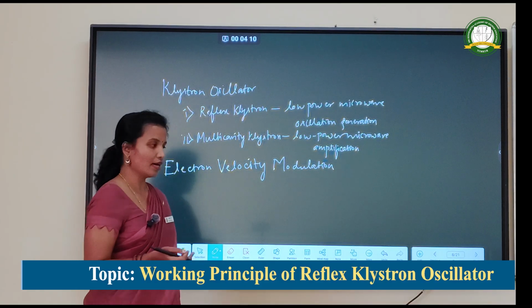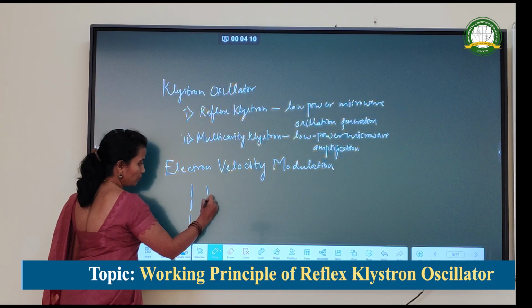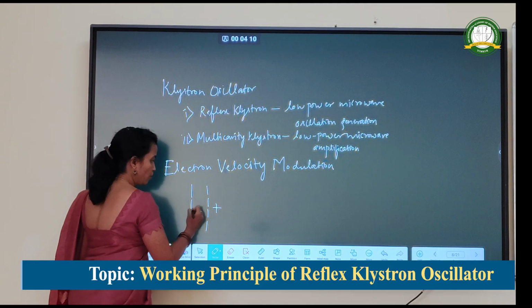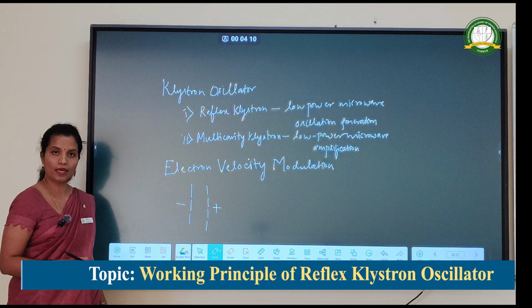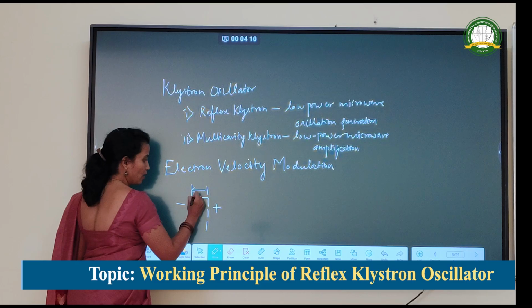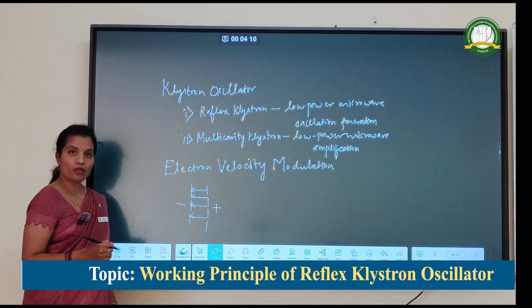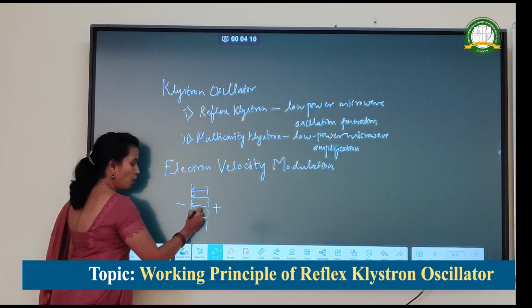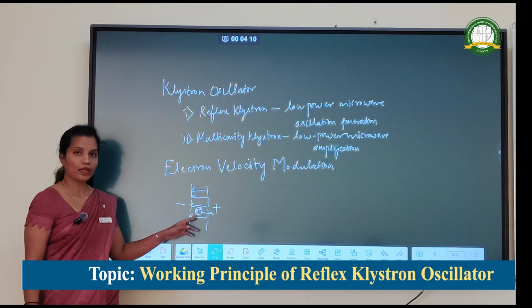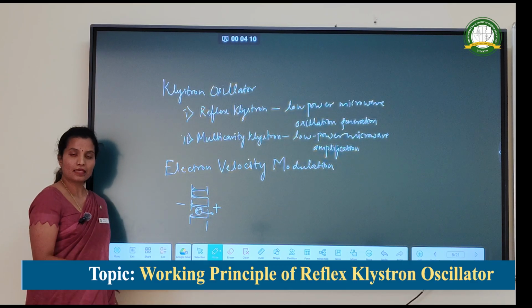So how it happens is, if we consider electrodes, one of the electrodes will be positively charged and the other electrode will be negatively charged. So the electric field direction will be like this. The electrons which are moving in the opposite direction of this electric field will increase in speed.